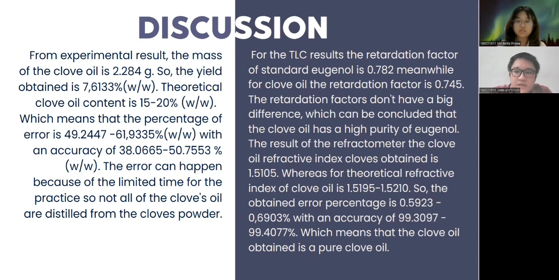For the refractometer result, the clove oil refractive index obtained is 1.5105, whereas the theoretical is 1.5195 to 1.5210. So the obtained error percentage is 0.5923 to 0.6903% with an accuracy of 99.3097 to 99.4077%, which means that the clove oil obtained is pure clove oil.